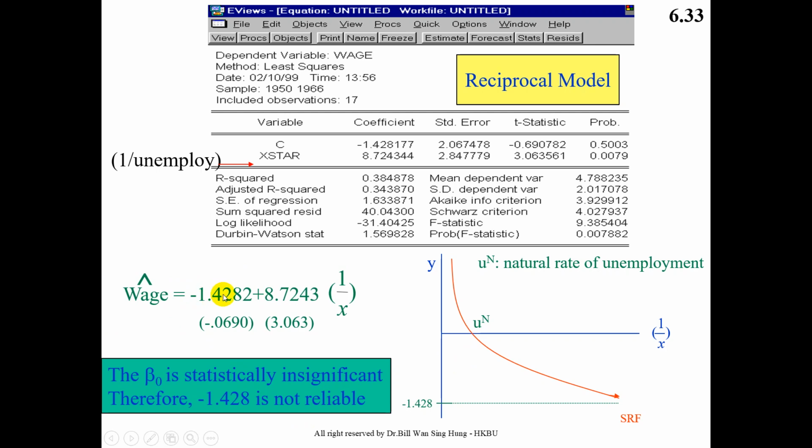This is the intercept from here, and its t value is from here minus, and this is the coefficient of x star, which is this, and this is reciprocal of x, and this is its t value from here. These are the r squared and adjusted r square values, and so on.